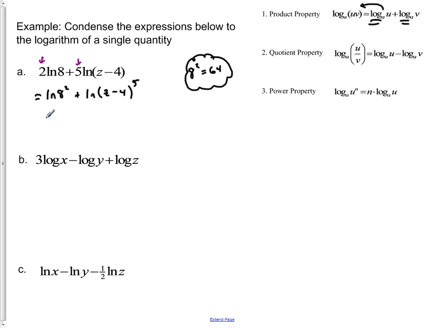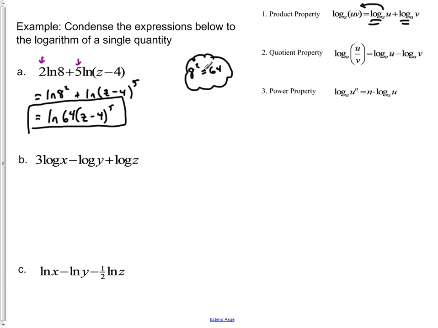So it's the natural logarithm of 8 squared, which is to say 64, times z minus 4 to the fifth. And this is a logarithm of a single quantity, and we consider this simplified in that sense.